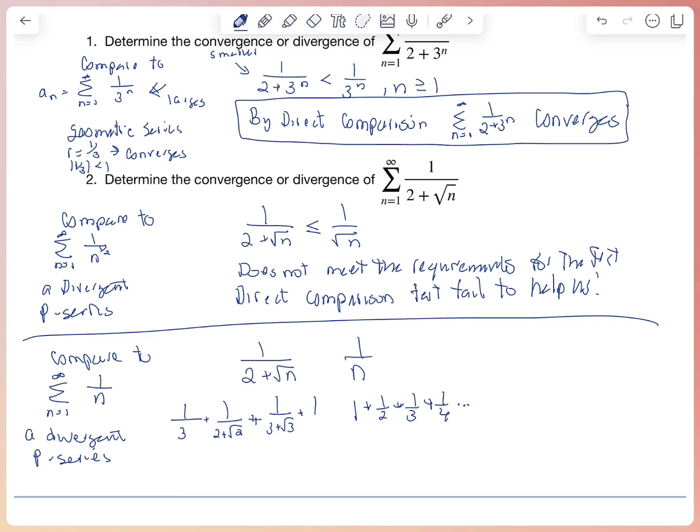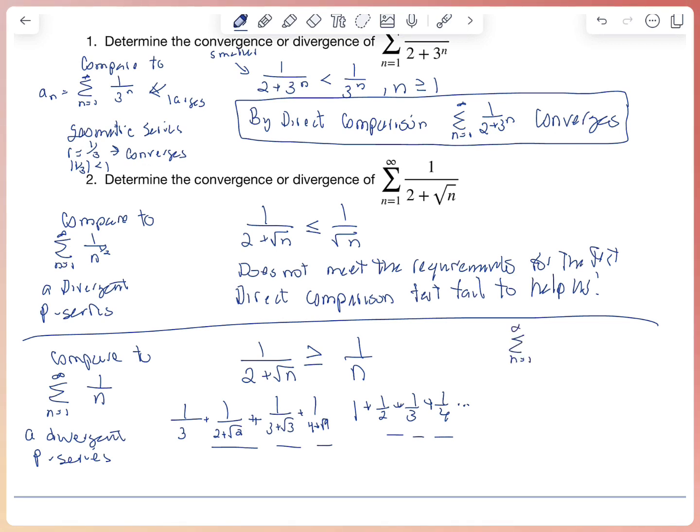On the left, my first term is smaller, but then when I get to my second term, it's larger than my second term on the other one. Then my third term is larger than the third term, and so on. So that's how I conclude that 1 over 2 plus the square root of n is greater than 1 over n. Now, it's not for the first term, but remember, it only cares about what's happening toward infinity as n gets larger and larger.